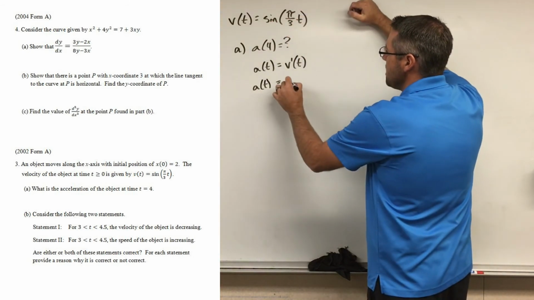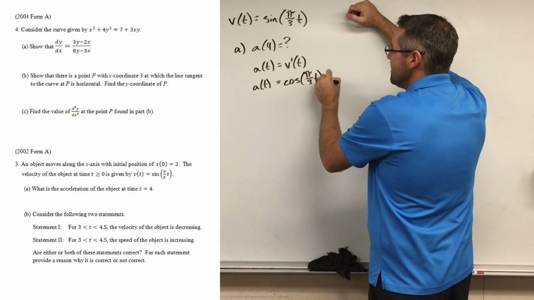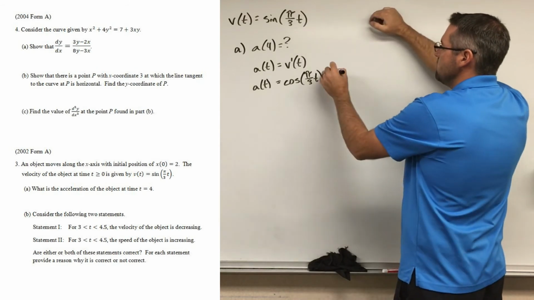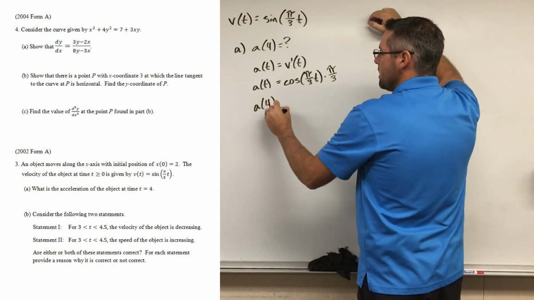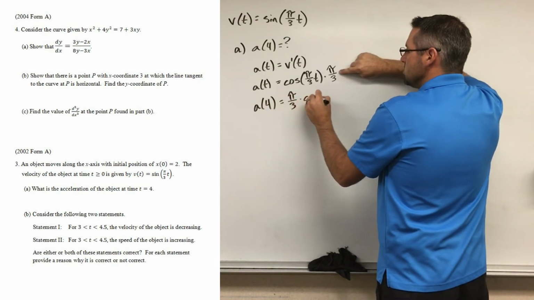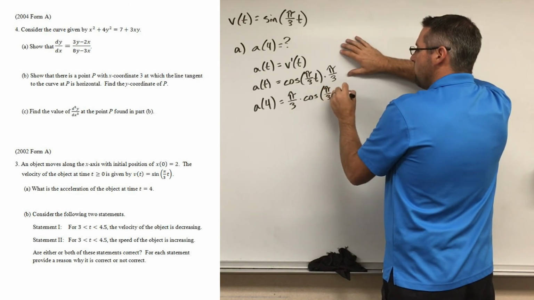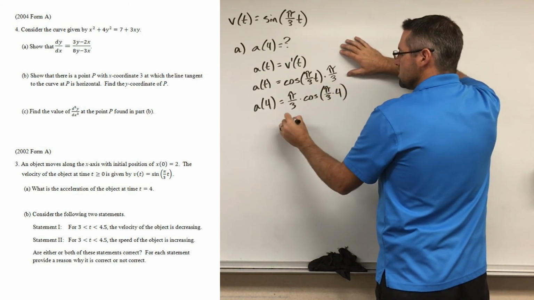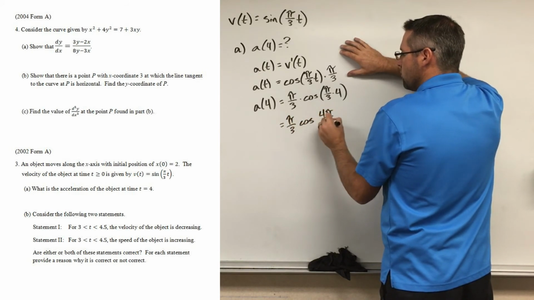So the derivative of sine is cosine of pi over 3t, and then times the derivative inside, which would be times pi over 3. So a of 4 is going to be pi over 3, just moving that out front, times cosine of pi over 3 times 4, which is cosine of 4 pi over 3.